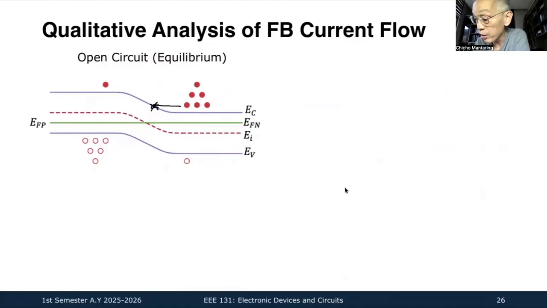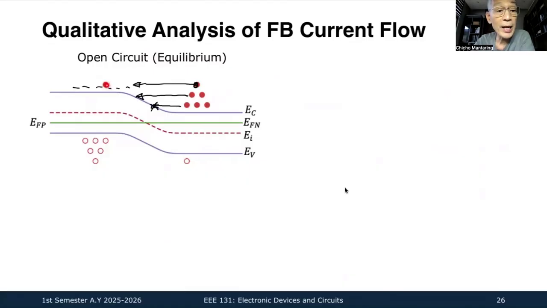They can't get through. This one will also just hit the barrier. Only this one will get through. This electron will be able to jump to the other side.